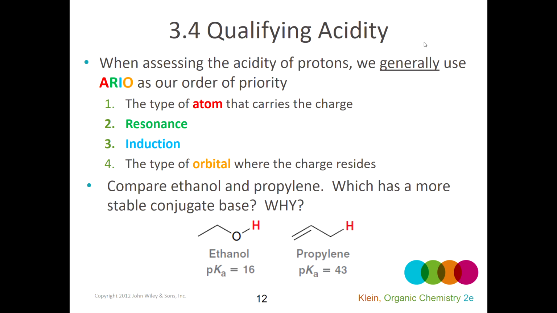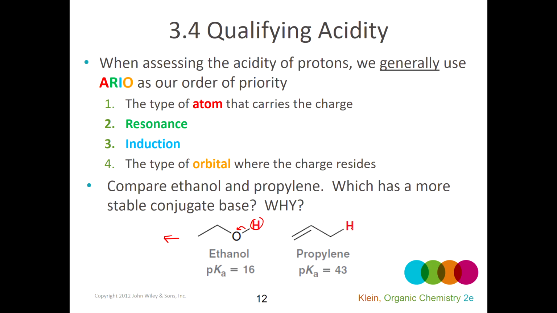So let's take a look at an example here. So we have ethanol versus propylene. Here I'm imagining which is a stronger acid. If the ethanol gives up a proton, the electrons stay behind. Again, if the molecules start off neutral, I can't really analyze which is more stable. They're both quite stable.